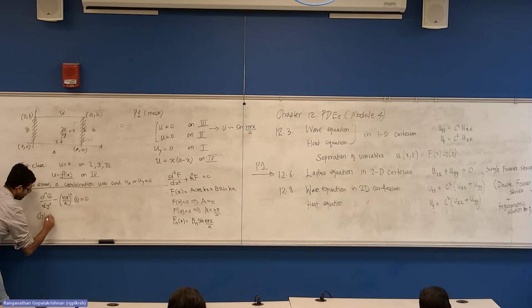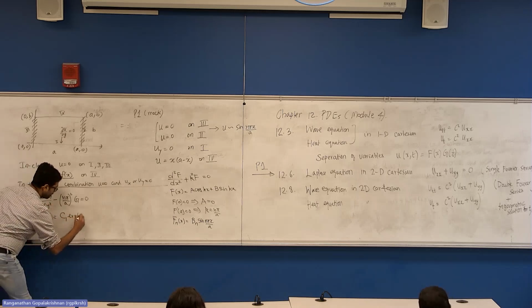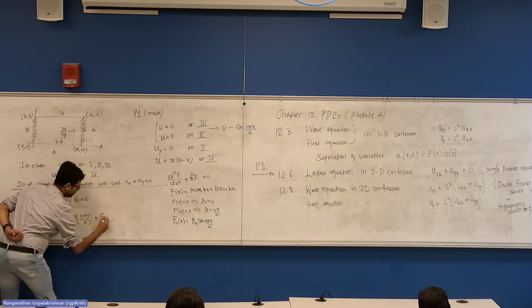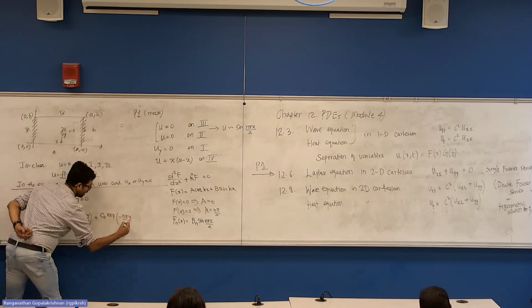So g of y equal to, I call this C1 exponent of n pi y over a plus C2 exponent of minus n pi y over a.